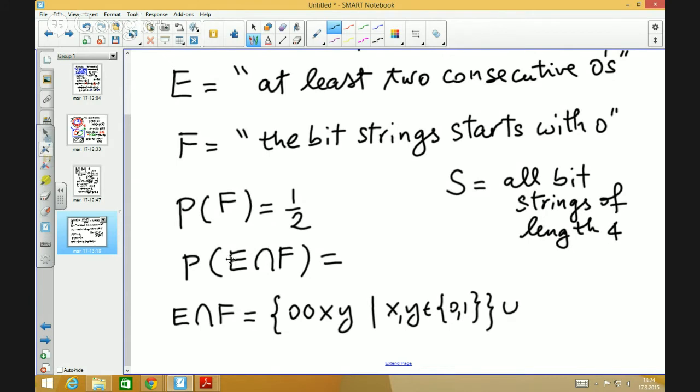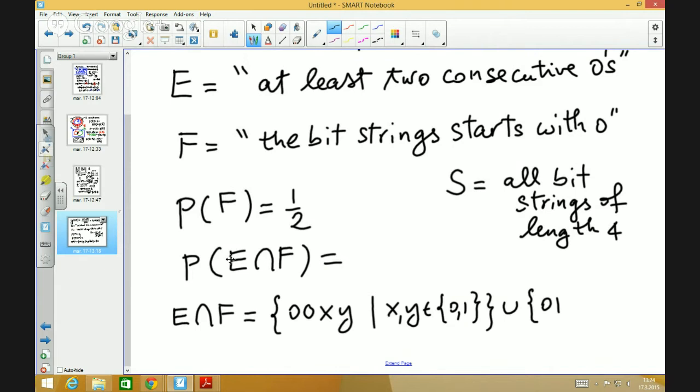Union what? Okay, so you have 0 followed by 1. Now, if your bit string is of length 4, it starts 0, 1, and it contains at least 2 consecutive zeros, I think you get a pretty good idea of what must follow 0, 1. It must end with 0, 0, because I cannot see 2 consecutive ones.